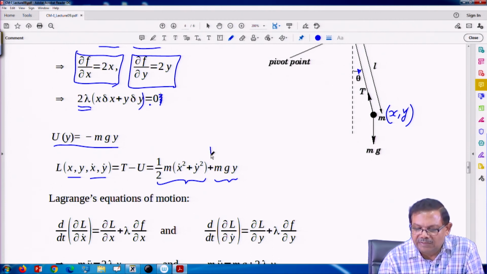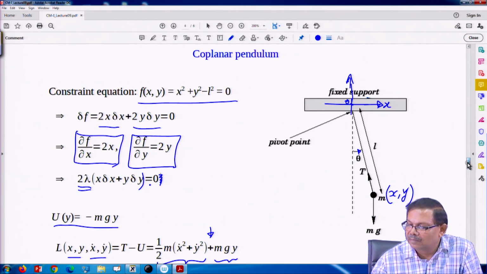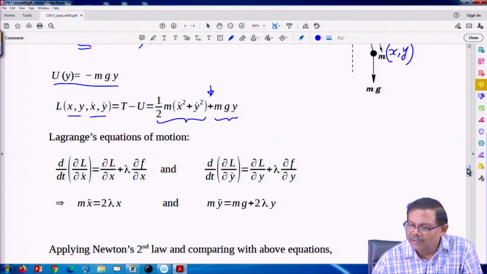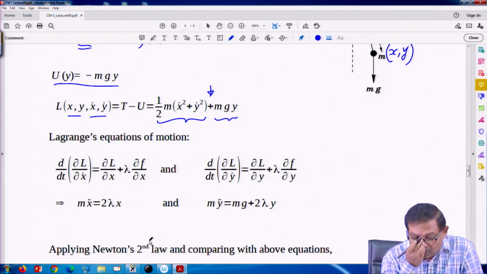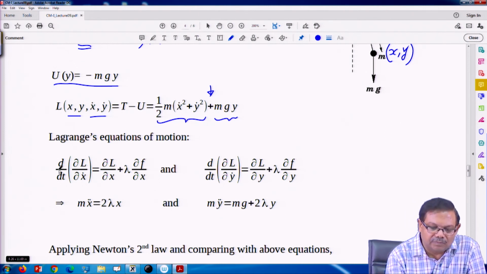This plus sign is there because I am measuring from the point of suspension downward. So, the potential energy is negative. So, after it is subtracted, the sign is positive. So, now we have again two Lagrange's equations of motion in the Cartesian coordinate system, and they are given.